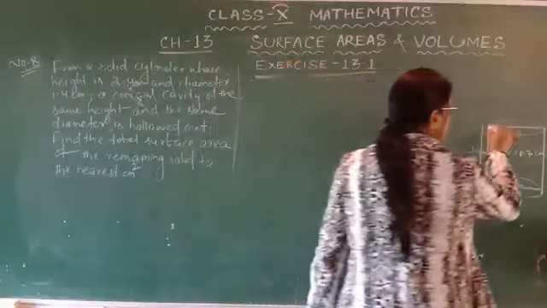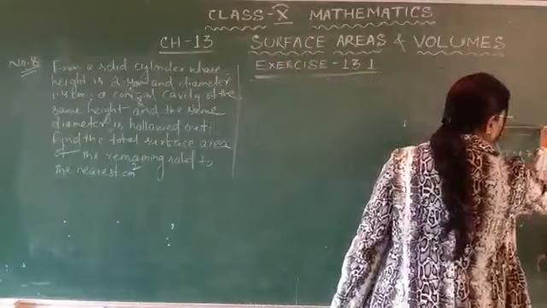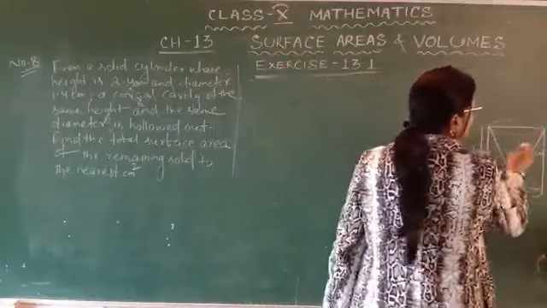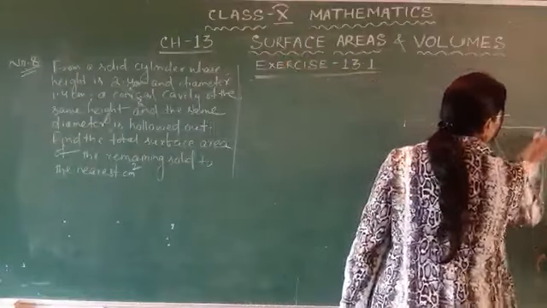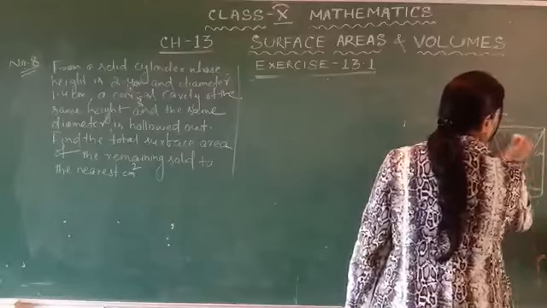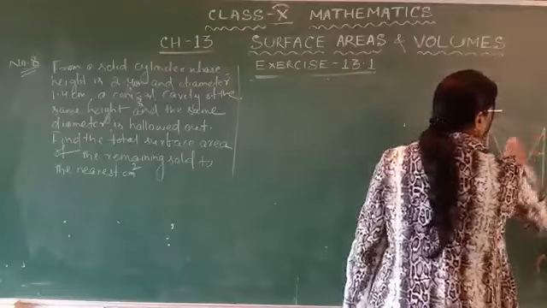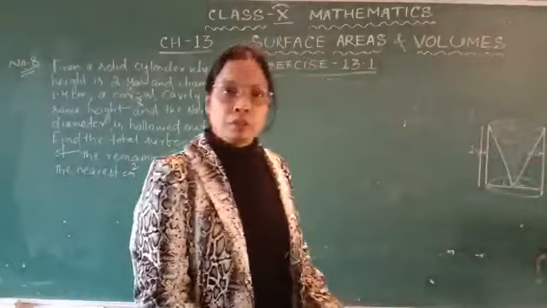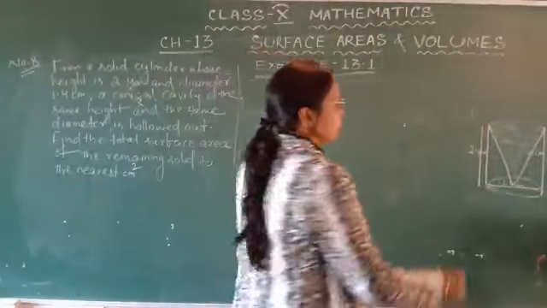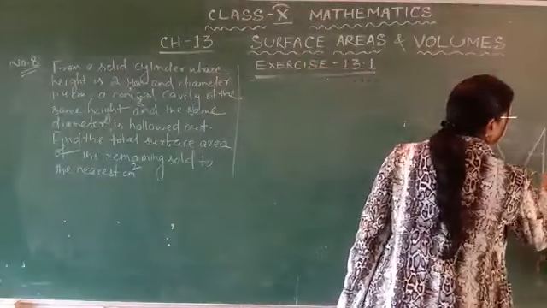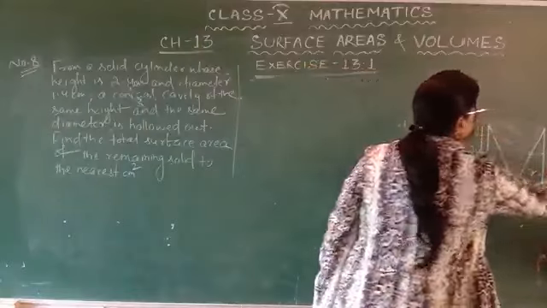That means this conical cavity we cut out. So here the radius is equal to 0.7 centimeter.